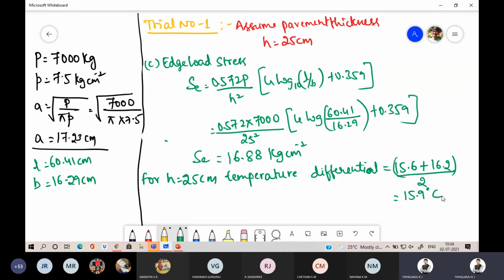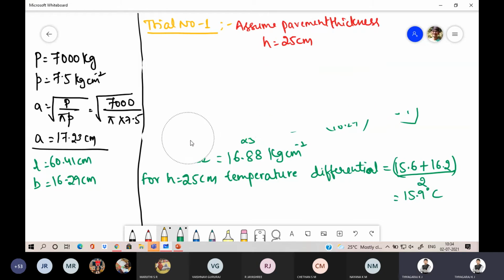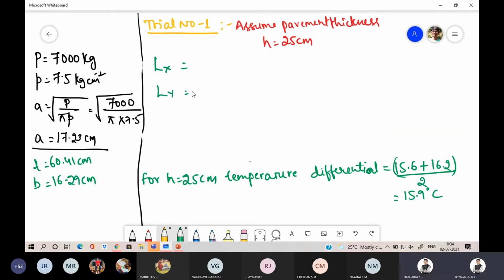Now we know the temperature differential. Now note down the Lx value. Lx and Ly: the higher value we are going to consider. Lx is 4.2 and Ly is 3.75. Now calculate the Lx by L ratio and Ly by L ratio, so that we will get Cx and Cy. Calculate the value.